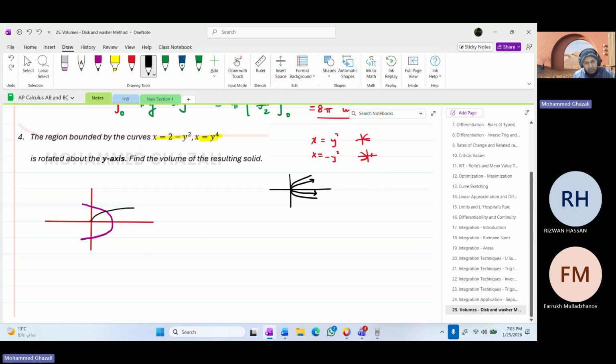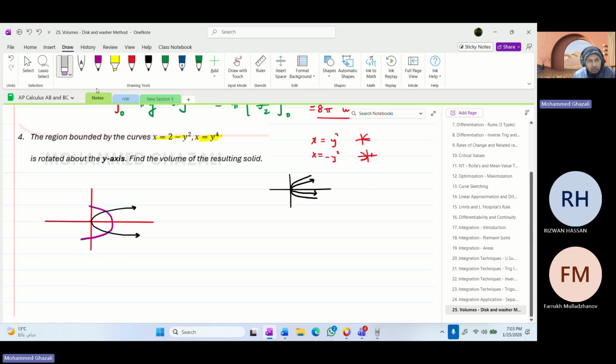Look at what we are rotating. We are rotating this region bounded here. Can you see? So we need the points of intersection here, guys. That's a bounded region, the region that we are rotating.